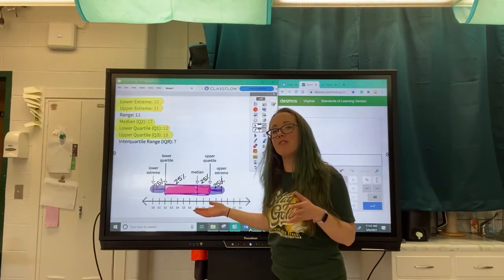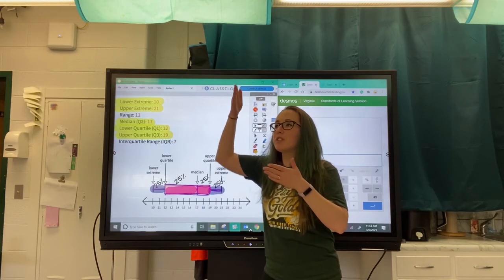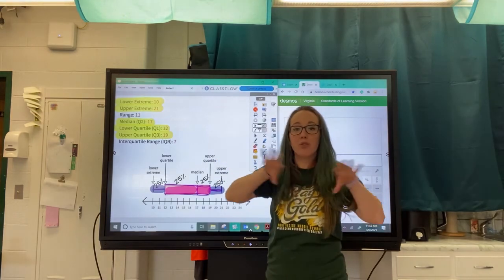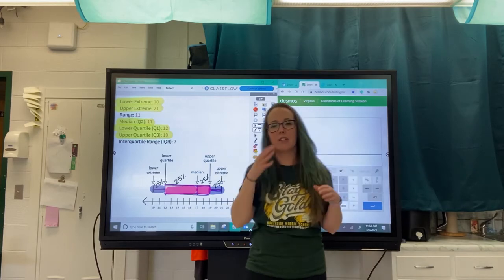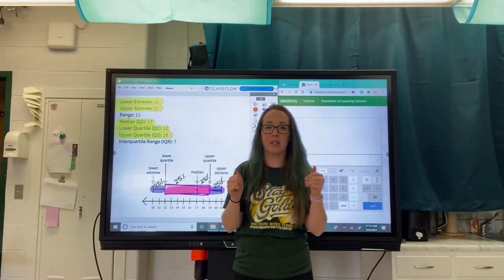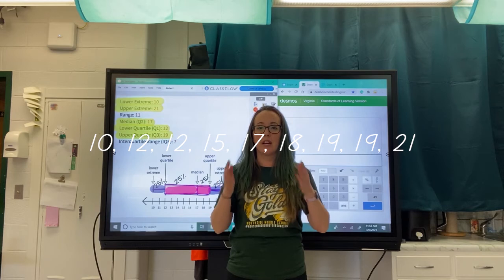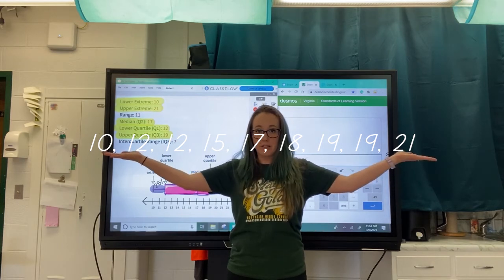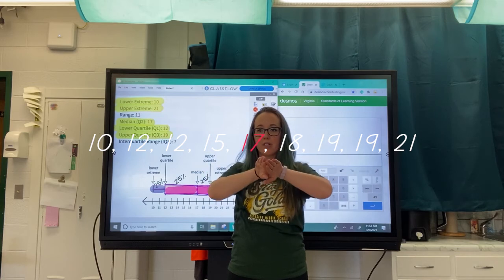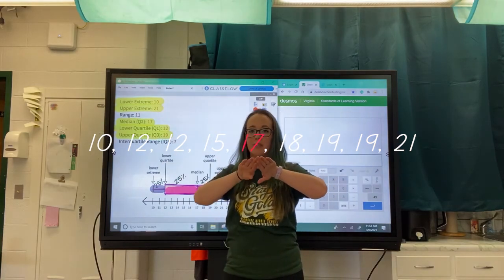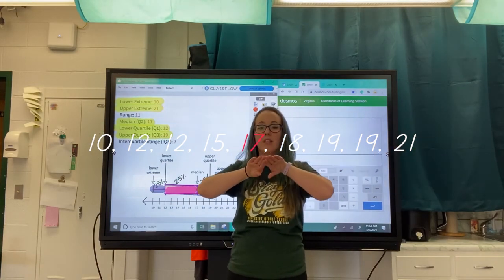But basically, when we found all the medians, we were splitting our data up into 4 sections, right? We found one median and split it into 2 parts. In fact, future Ms. Benson, you need to put these numbers on the video. Okay, so we took our set of data right here, and we found the first median, and that split our data into this half and this half, all right?